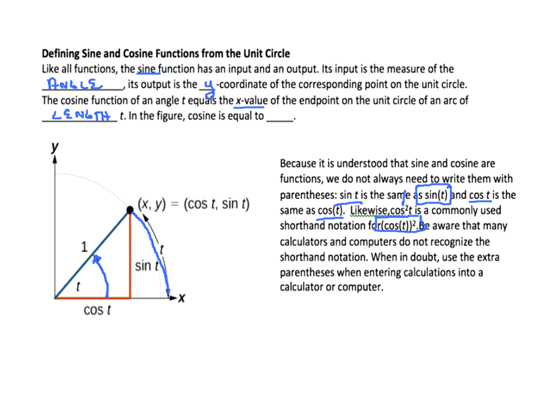We usually put the square on the actual trig function before we tell what angle we're taking it of. So I have cosine squared t and sine squared t. That's how I write it when I square it.